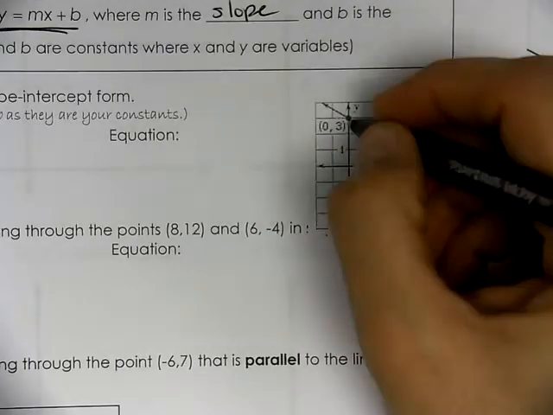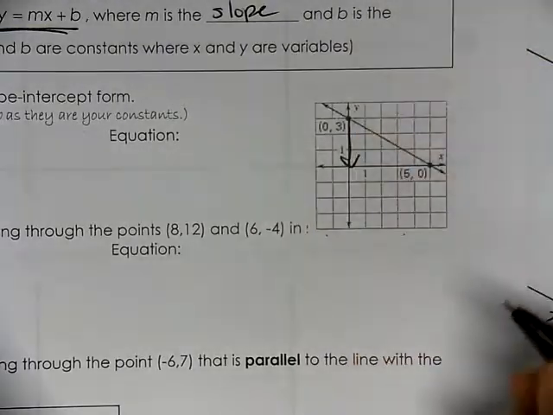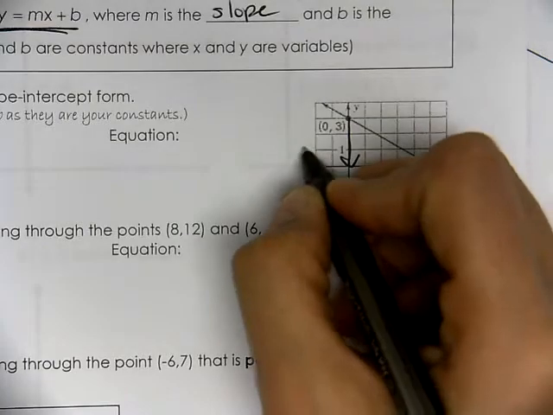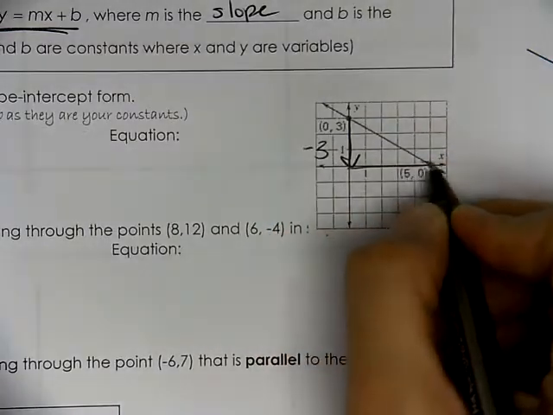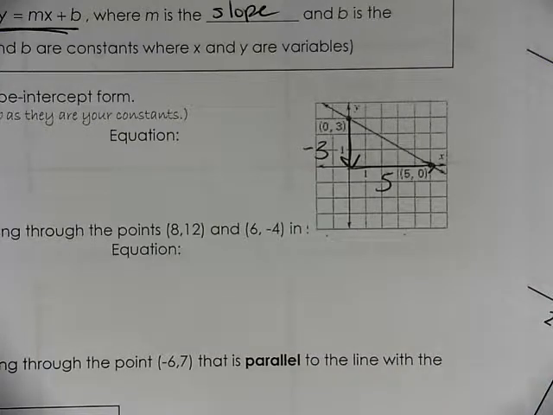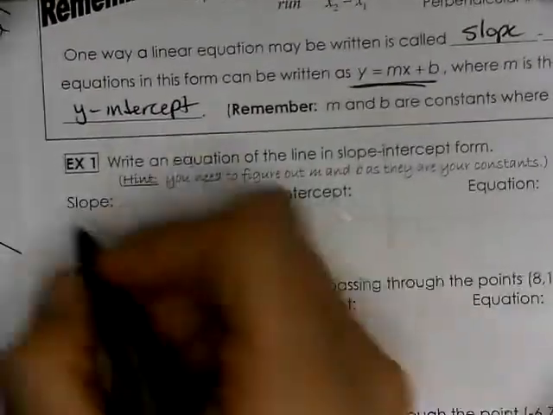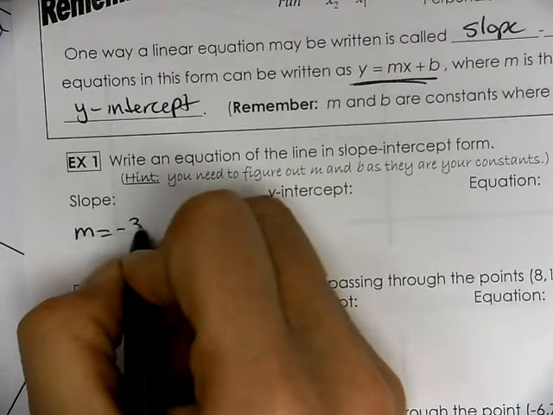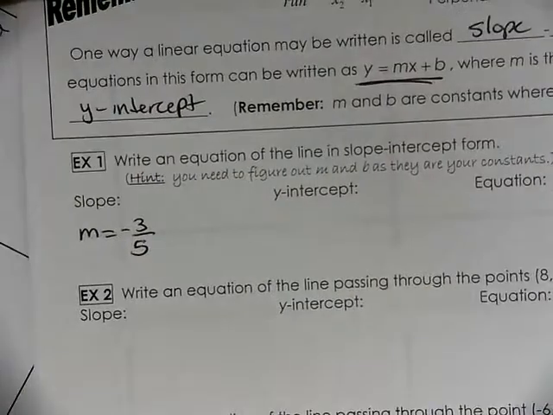From here to here, how far down do I go? I go down 3 and over what? 5. So our slope is negative 3/5.